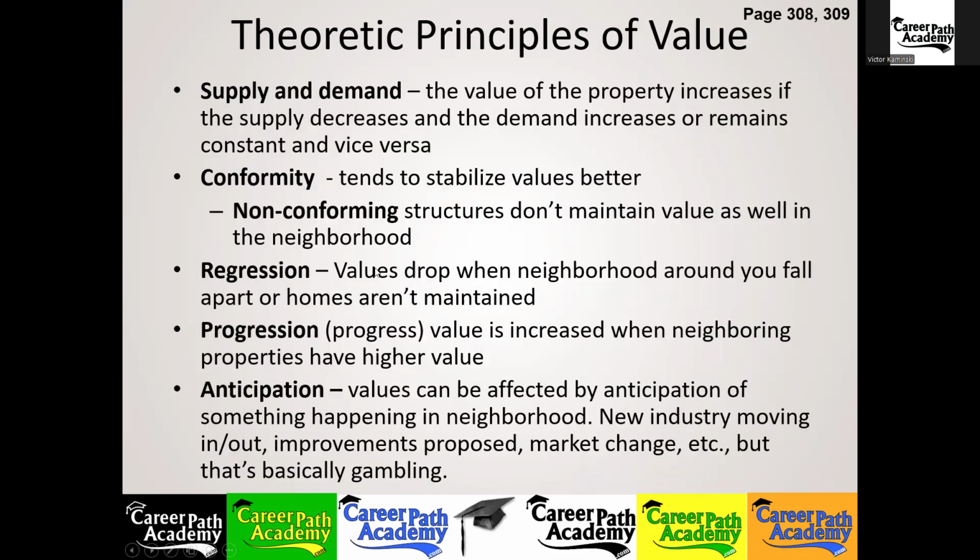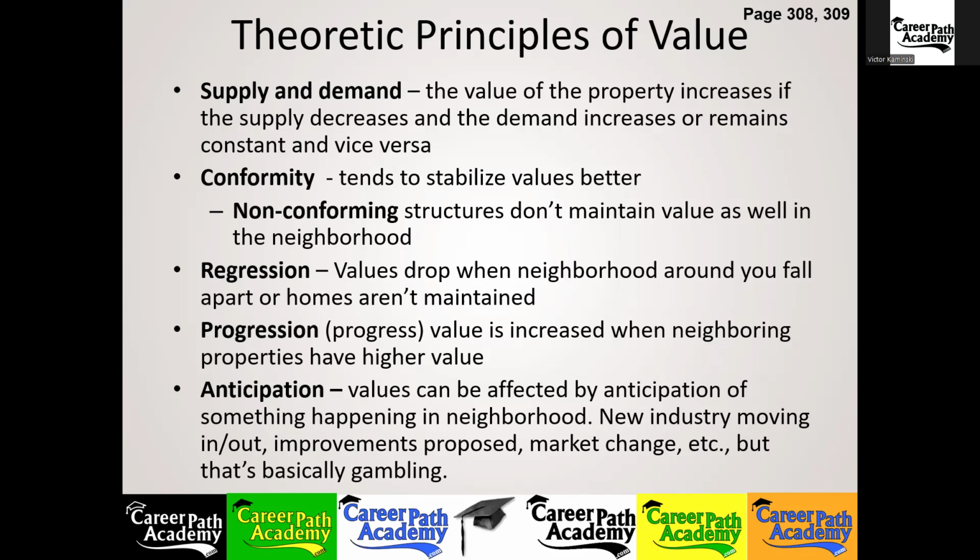And conformity: if a property is not conforming to the neighborhood, you'll never get your money back. It makes no sense to have the best house on the block because you'll never get your money back.